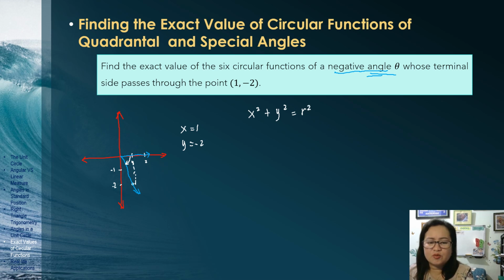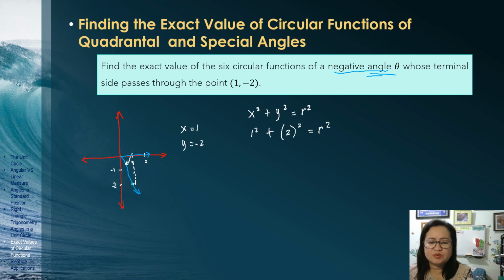So we substitute: 1 squared plus, since we have length, we shall use positive 2 squared, then we don't know the radius.